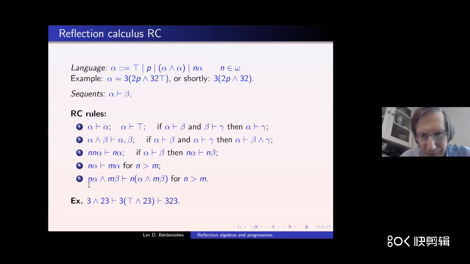And secondly, this is a mixed principle that Rn subsumes Rm. So Rn alpha together with Rm beta implies Rn of alpha together with Rm beta. Those are the principles that actually hold for our reflection principles in this algebra.